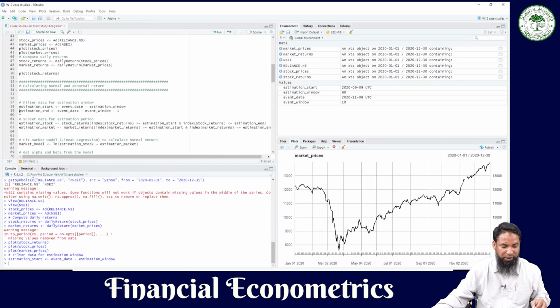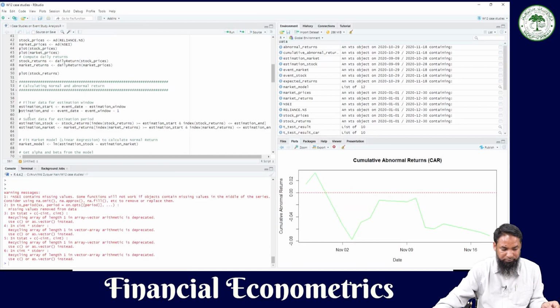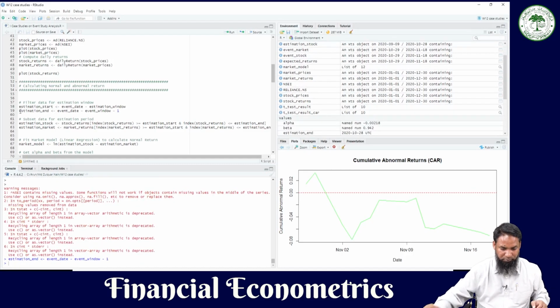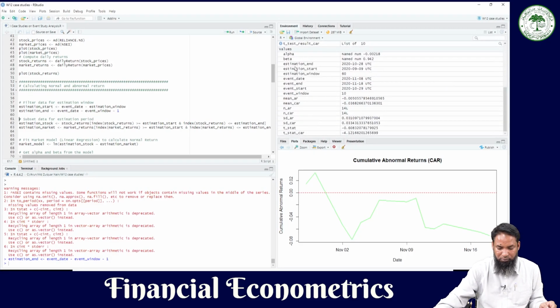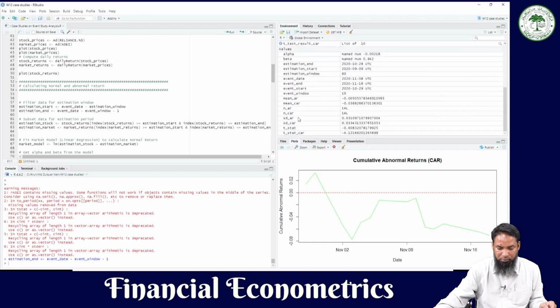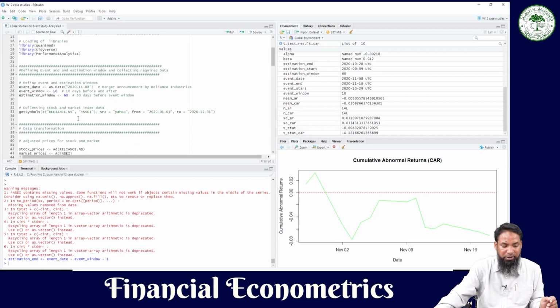Then similarly the estimation ends here. So here we can say the estimation ends on 28th October 2020. Remember the event window we have is November, so before that it is ending here.